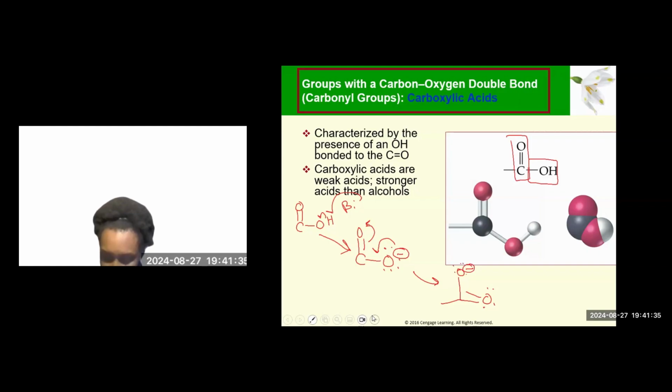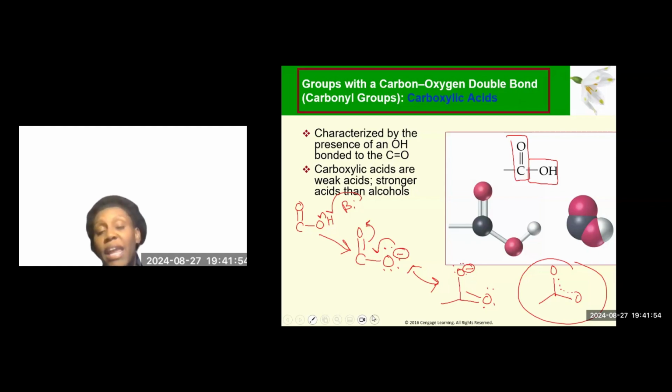And that resonance, or that delocalization that occurs, creates this hybrid of a compound, which is stable. And because it's stable, it's willing to give up the hydrogen.